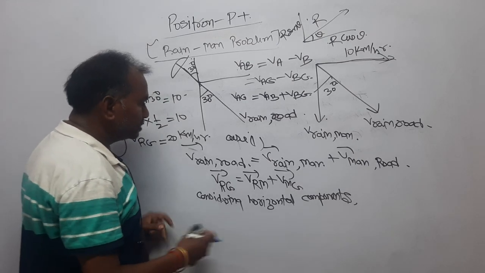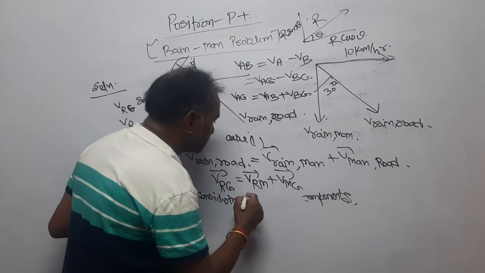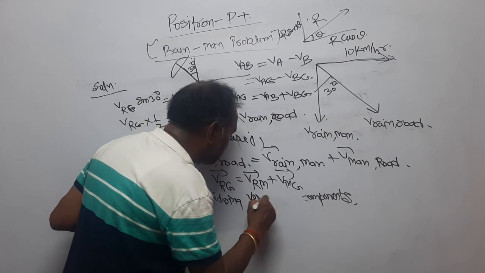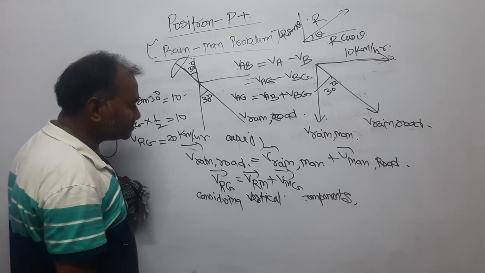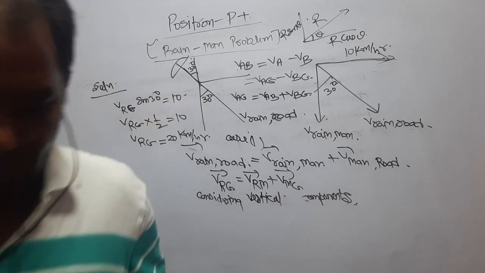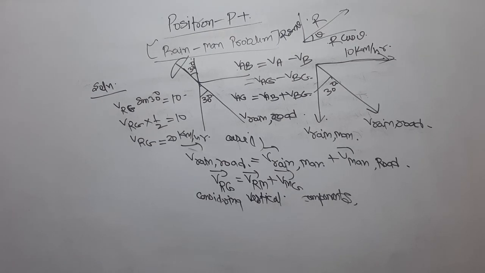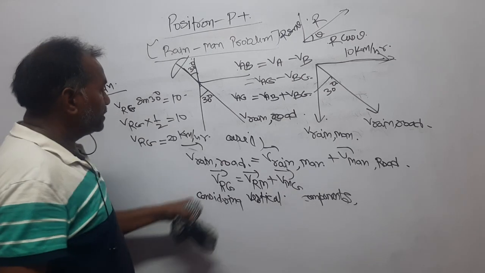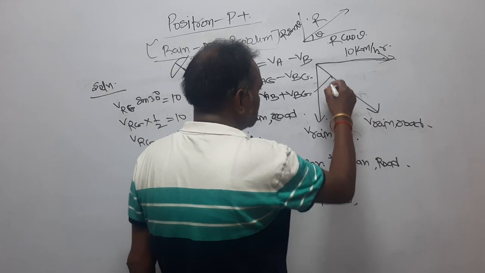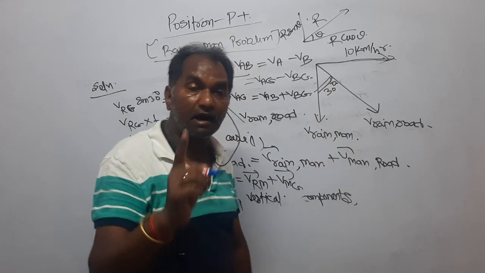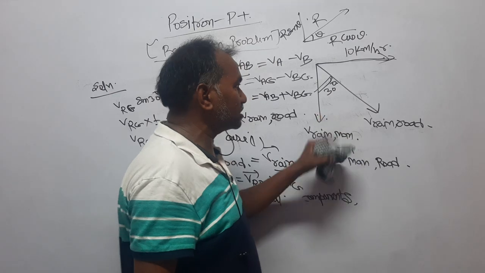Now dear students, considering the vertical component, how will it be? If you take the vertical component of this, the component adjacent to the angle is the cos component.